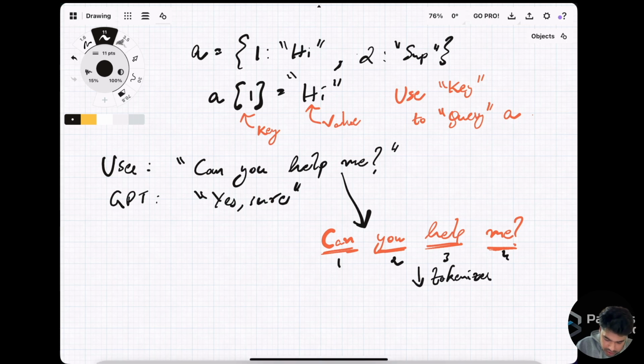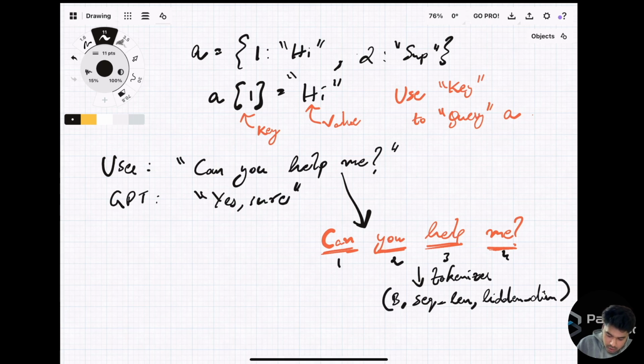So this essentially results in something which is batch size, sequence length, and a hidden dimension, which is the features, right?